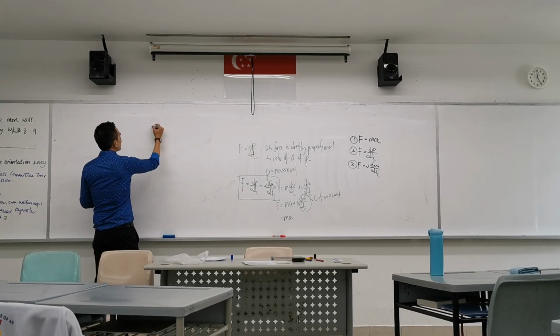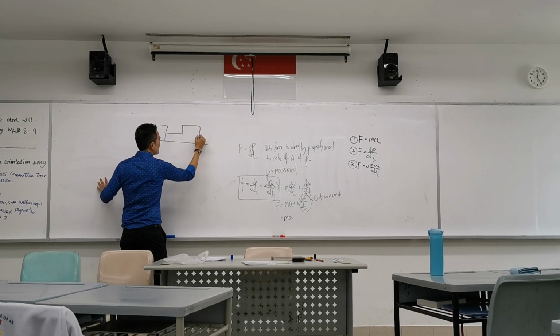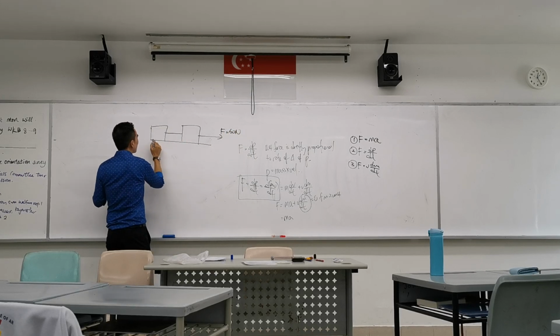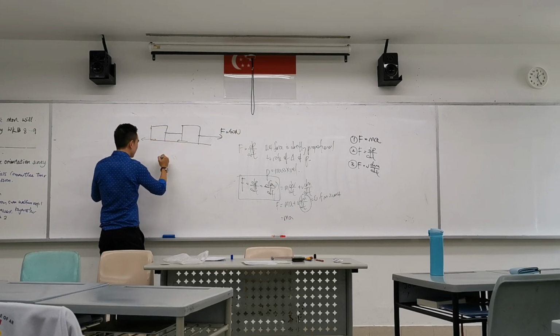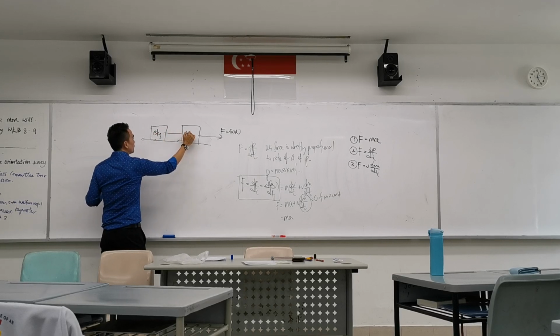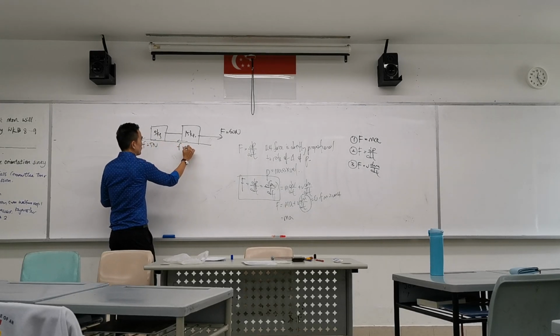Let's see. So if you have this, and this, F equals 16 newtons. I'm going to start off with something friendly, and then go to things which are more interesting. 5 kg, 15 kg, and then we have a frictional force of 5 newtons and F equals 15 newtons.